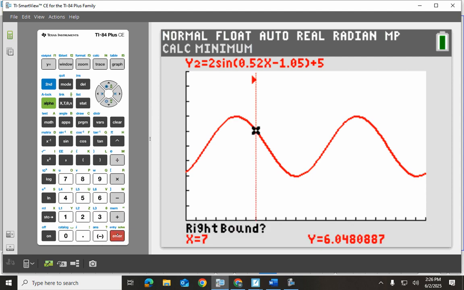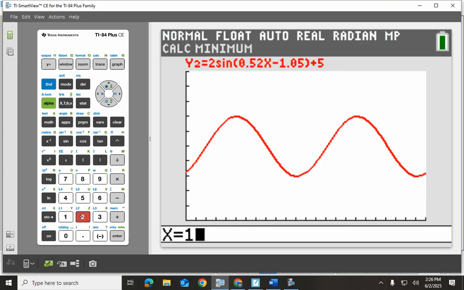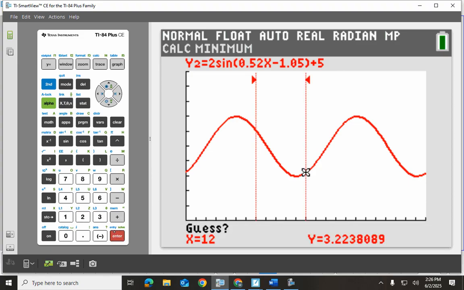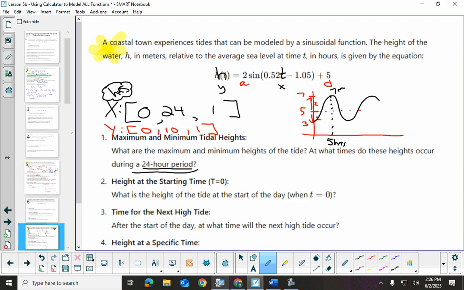I'll go with 7 and 12. Oh, just barely, okay? Hit enter to get past guess. And I get 11 and 3. 11 hours and 3. And I already knew the 7 and the 3, right? Because I did my basic stuff before.